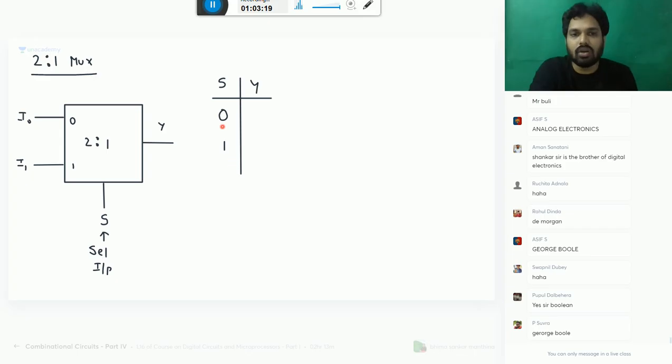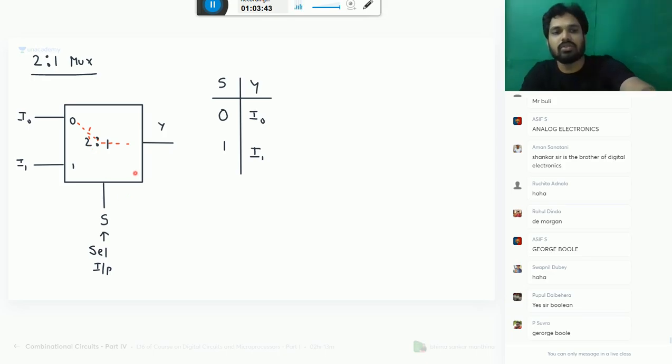When it is 0, I want to select I0, and when it is 1, I want to select I1. You understand this logic? It is nothing but a digital switch. Based on the selection input, it will connect to any one of them.